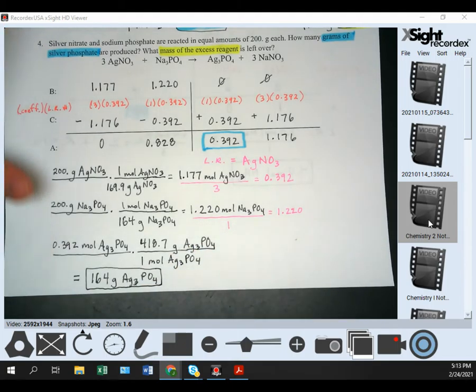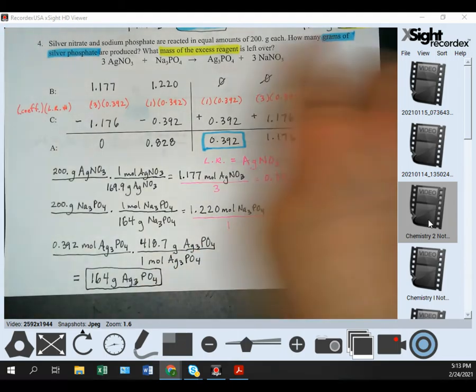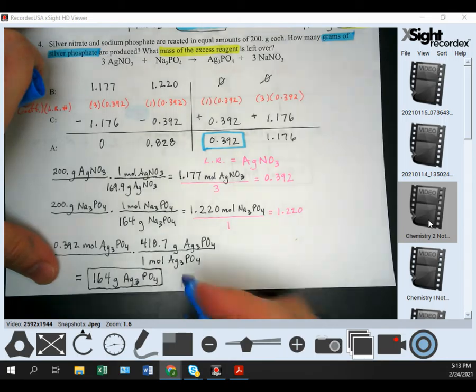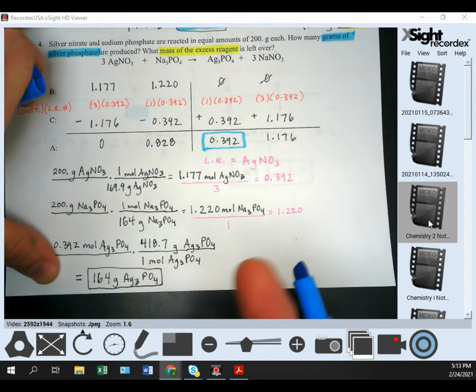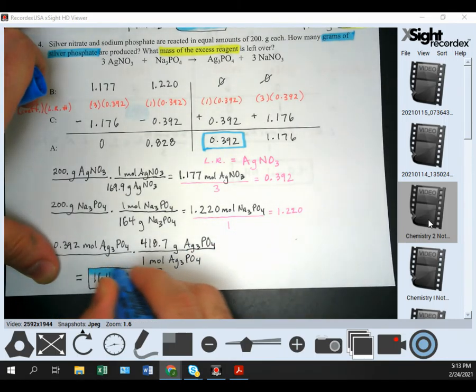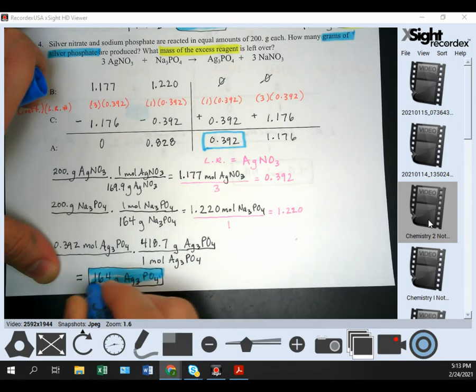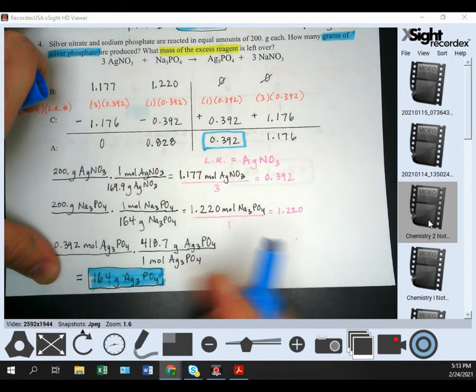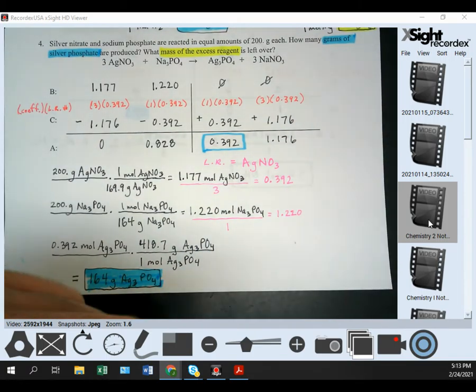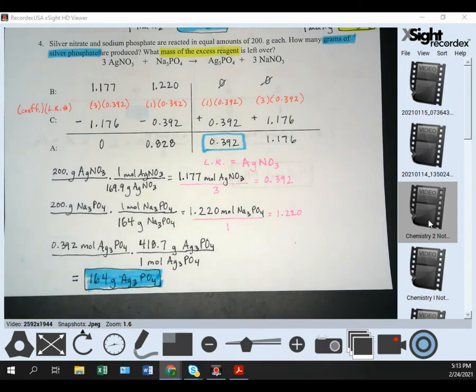That is the grams of silver phosphate that was produced. Okay. So that is this. All right, we still have one thing left.